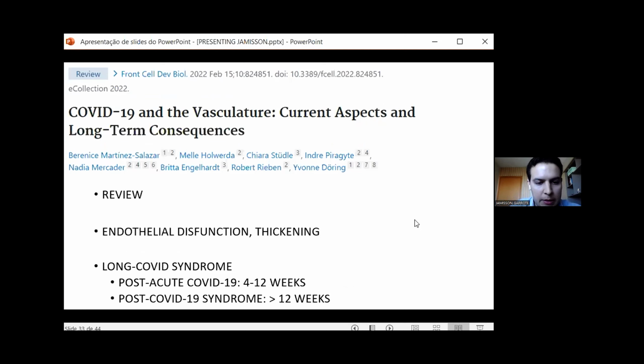From the knowledge documented earlier, we can see some aspects of COVID-19 as post-acute COVID-19, which is about patients who present maintenance of the symptoms for 4 to 12 weeks, and post-COVID-19 syndrome when they show symptoms after 12 weeks.